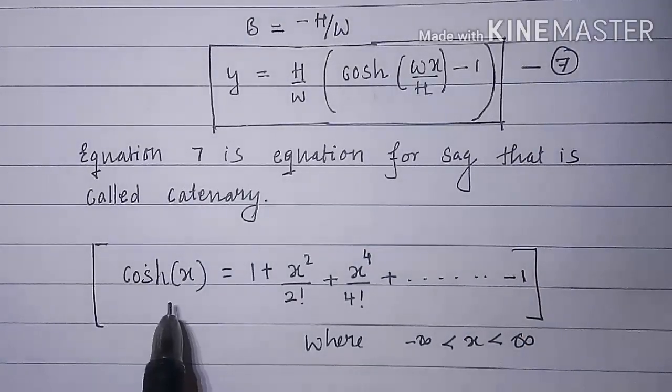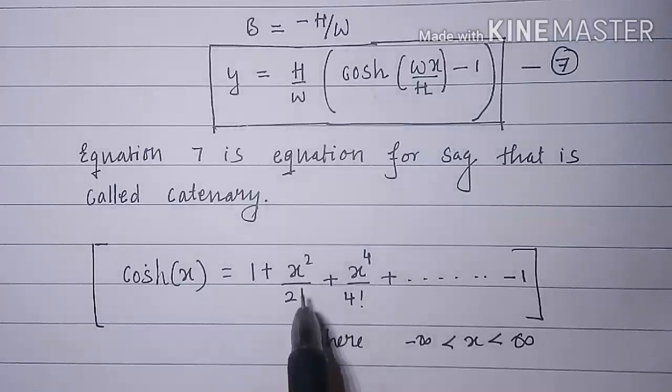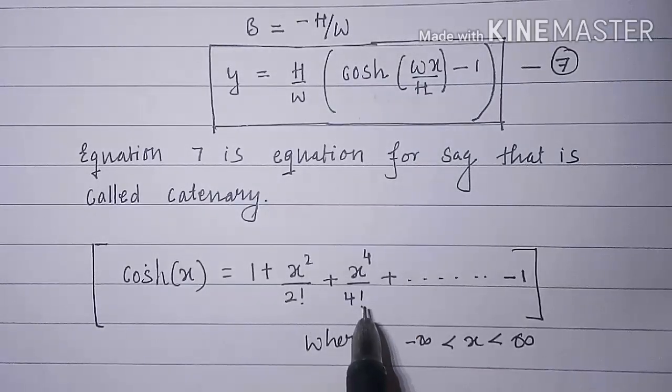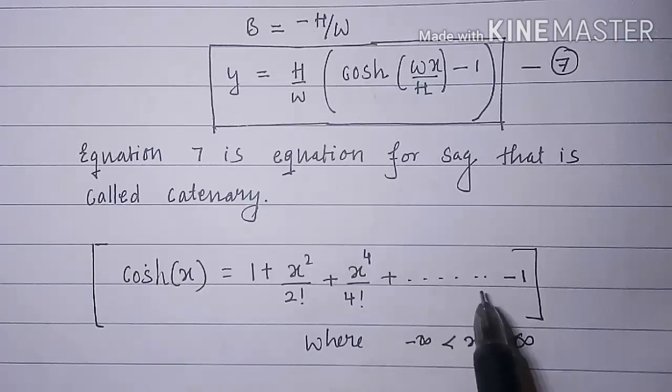But we have cosh of x equal to 1 plus x square upon 2 factorial plus x raised to 4 upon 4 factorial plus and so on up to minus 1, where x varies between minus infinity and plus infinity.